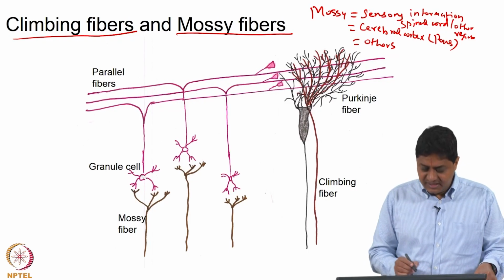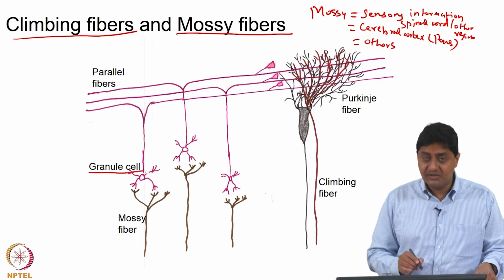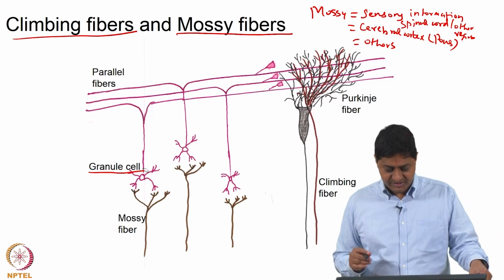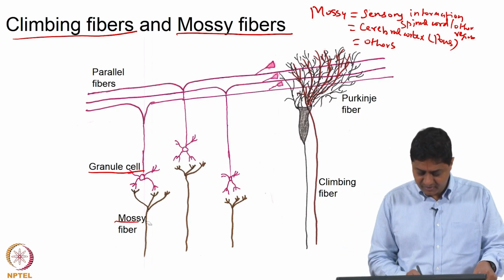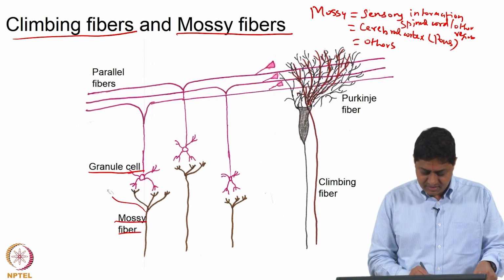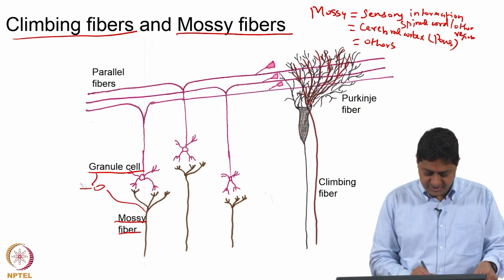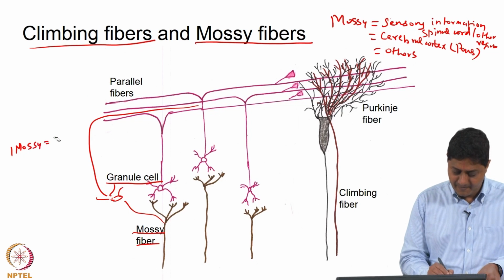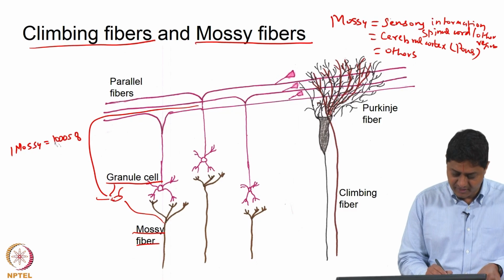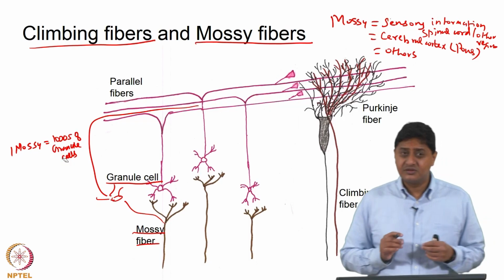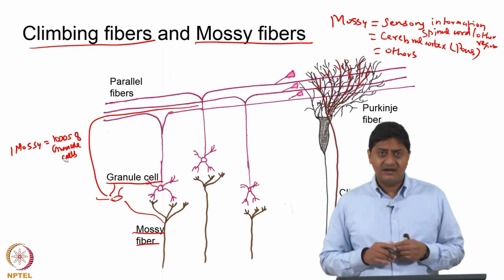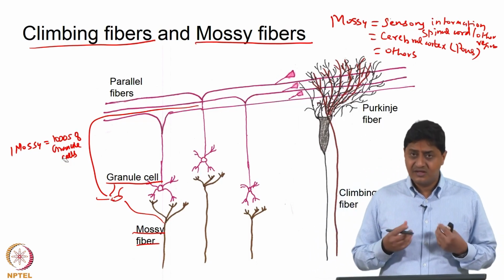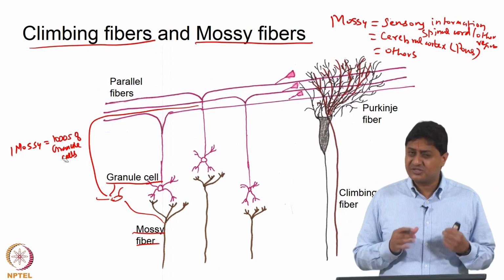So, it turns out that each granule cell receives input from a few mossy fibers, but one mossy fiber innervates several thousand granule cells. So, one mossy fiber can serve as input to thousands of granule cells, and I said that makes sense, right, because granule cells are very large in number, mossy fibers are much smaller in number.